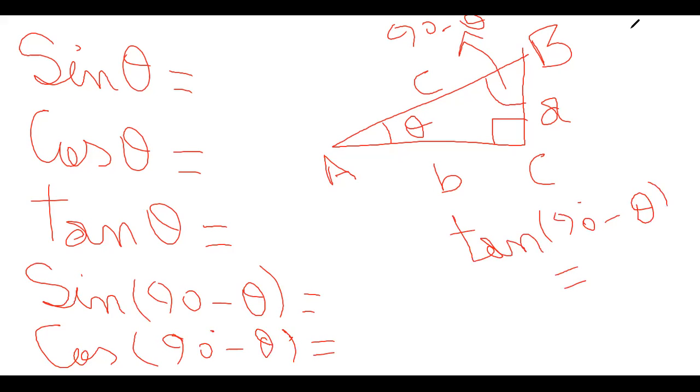Okay, 2 root 7 over 5. Then secant is 1 over cosine, and tangent is 1 divided by 5, so 1 over 5 divided by 7.